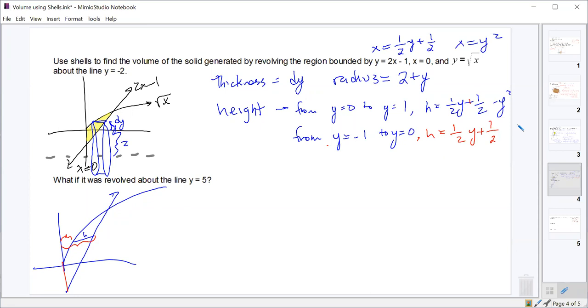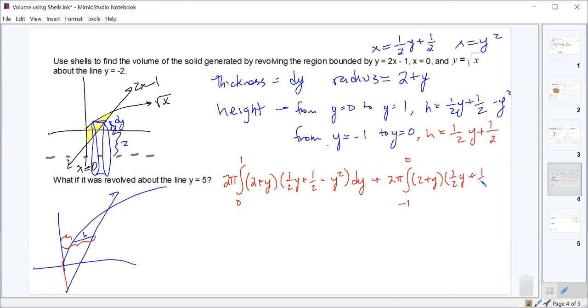Good. Okay. So in order to do this using shells, we'd have to set up two different integrals. One that would be 2 pi times the integral from 0 to 1 of our radius, 2 plus y, times our height, 1/2 y plus 1/2 minus y squared dy, plus 2 pi times the integral from -1 to 0 of that same radius times this 1/2 y plus 1/2 dy.